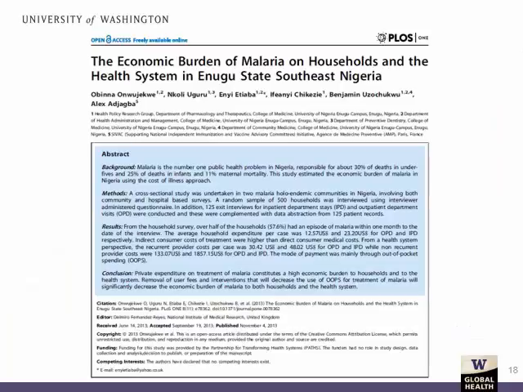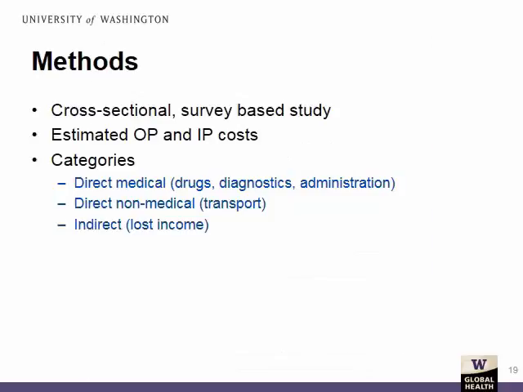The next example is the economic burden of malaria on households and the health system in Enugu State in southeast Nigeria. So this was a cross-sectional survey-based study. It estimated the outpatient and hospitalization costs, and they had direct medical costs, direct non-medical costs, which were just the transportation costs, and then they had indirect costs of lost income.